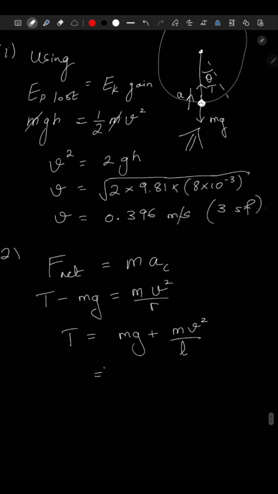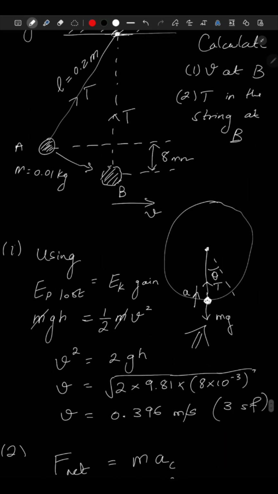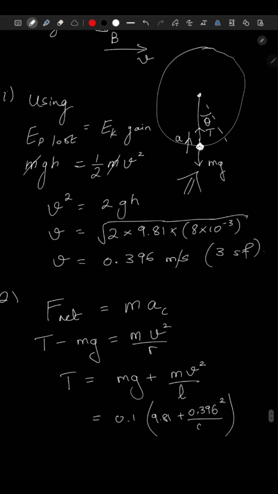So just replacing the values, the mass is 0.1. The mass is common, so I take it outside the bracket: 9.81 plus v squared, which is 0.396 squared, divided by the length of the string, which is 0.2 meters.